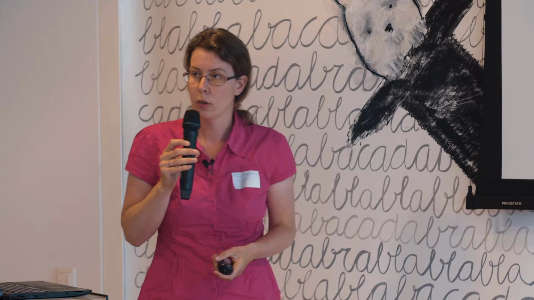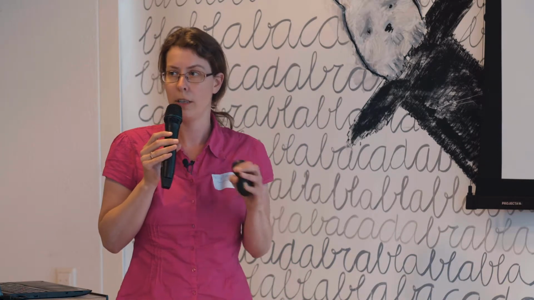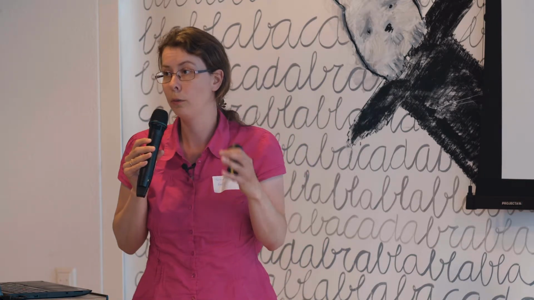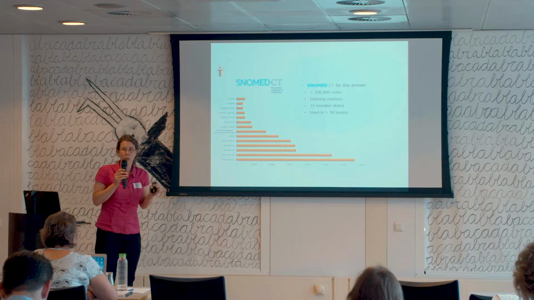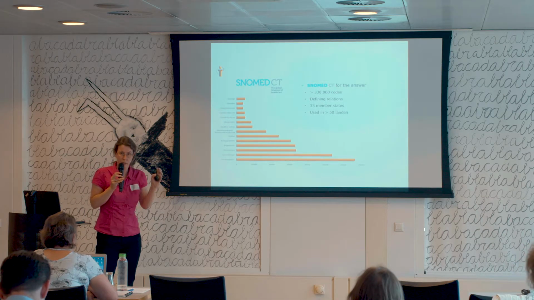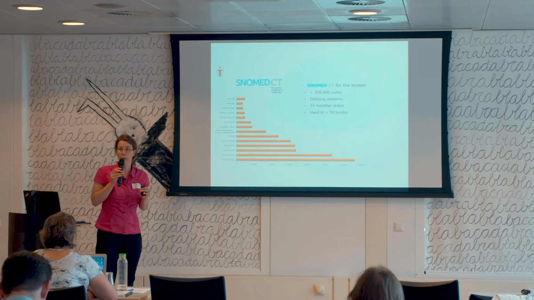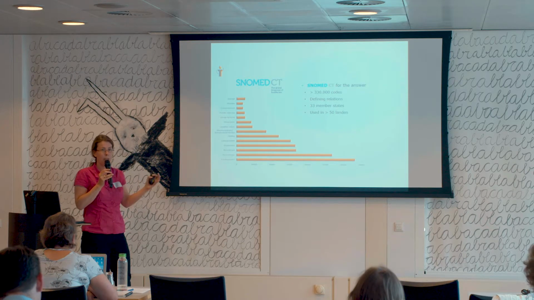Now, the key strength of Sno-Med is that it has defining relationships. So relations between different kinds of concepts that tell the computer something more about what that concept is. So the concept pneumonia is more than just a number and a set of names that belongs to it. It has relations saying, actually, this is a type of infection.